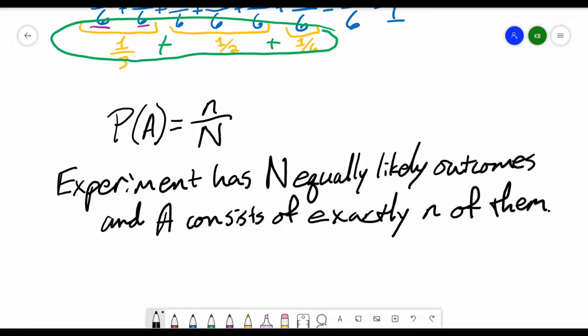All right, so all I have to do is throw a word in there, and now I have a rule to follow: the probability of my event A equals lowercase n over capital N when an experiment has capital N equally likely outcomes, and my event A consists of exactly n of them.